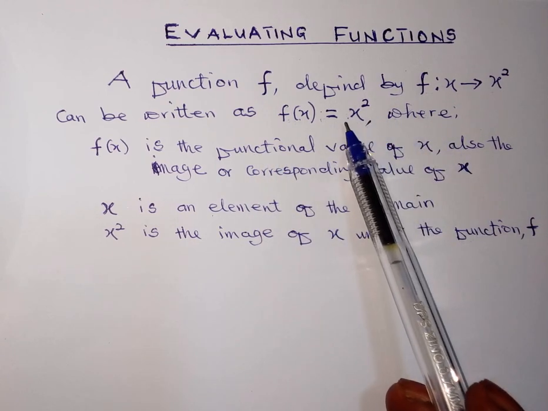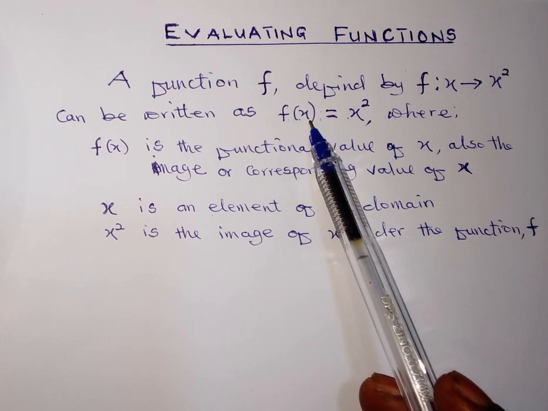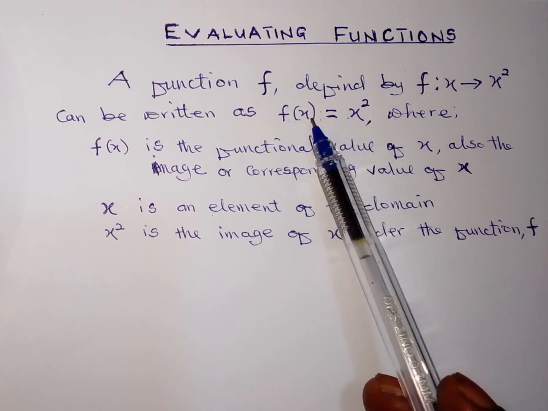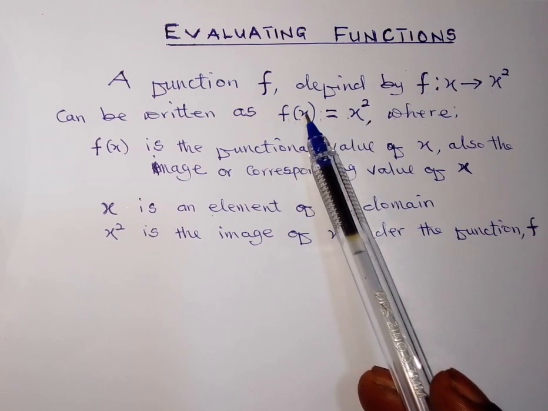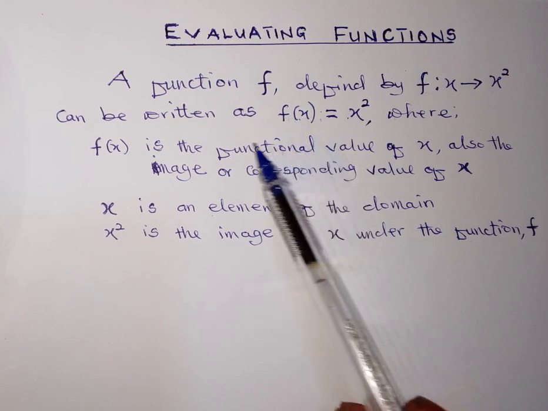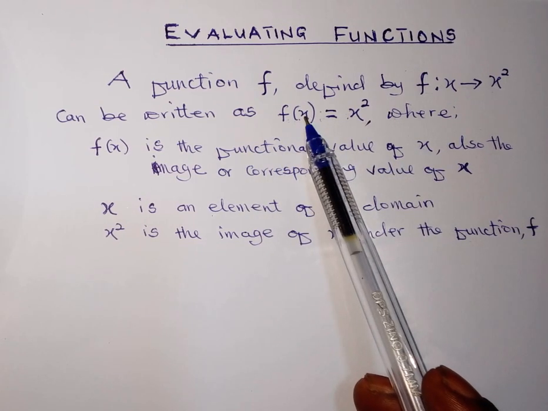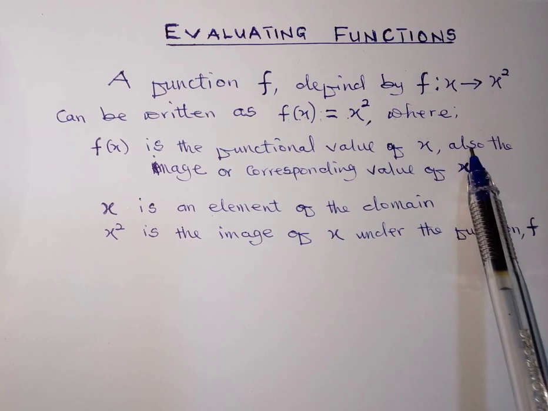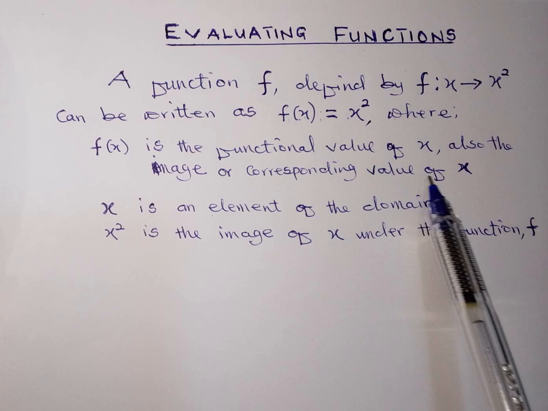So when you are asked to evaluate, whatever value you are given as your x, when you substitute and work out the answer you get here, that is f of that value. It gives you the functional value of x. It gives you the value for this one. It can also be called the image, or the corresponding value of x.